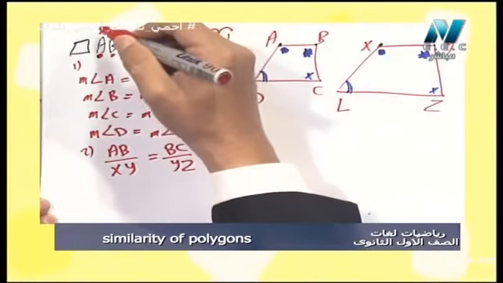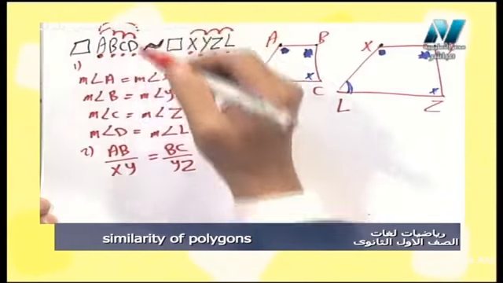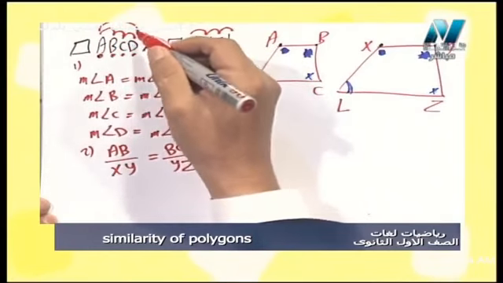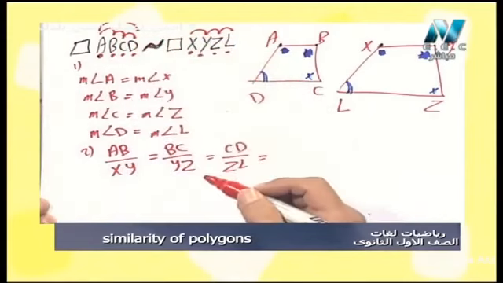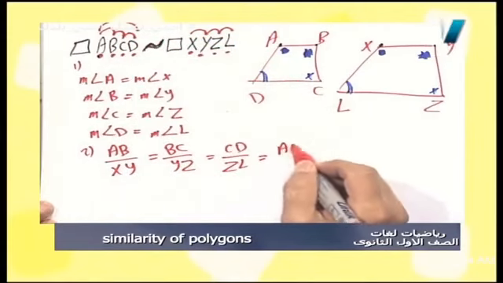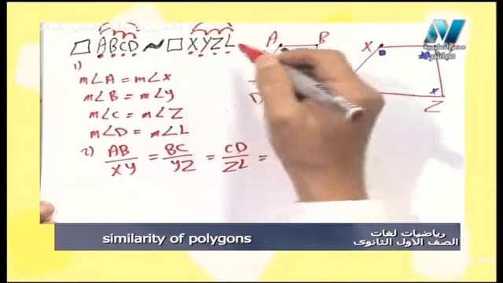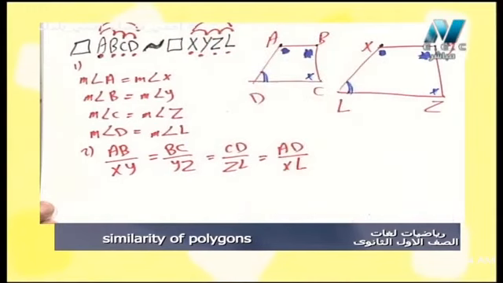And finally, like an umbrella here, we say AD, the first and the last one, AD over the first and the last letter, XL. Okay.